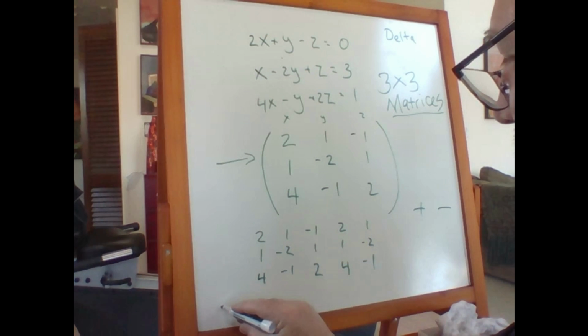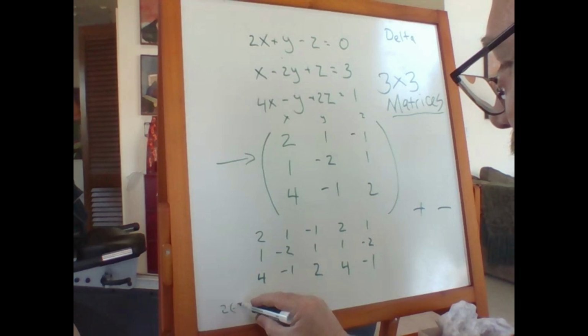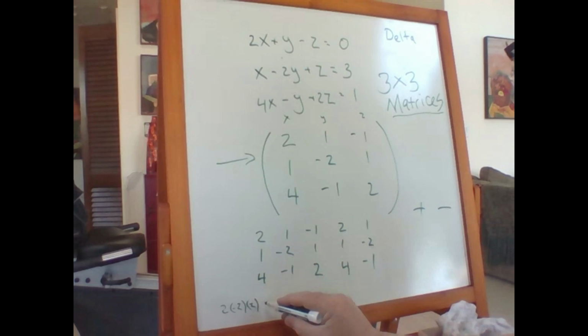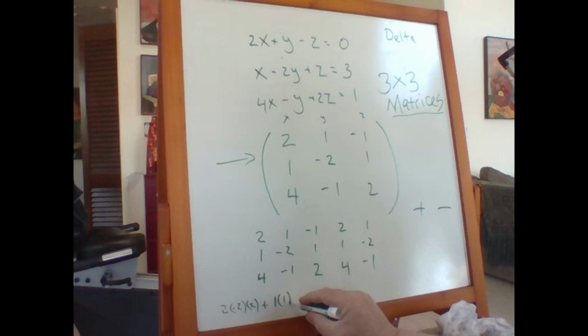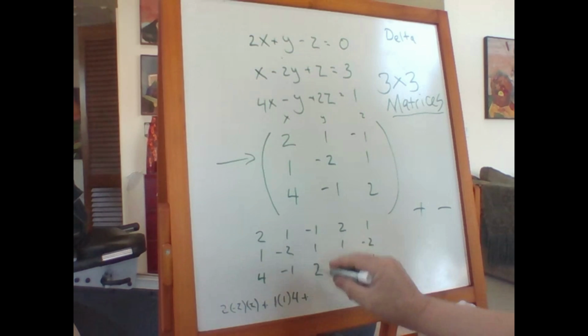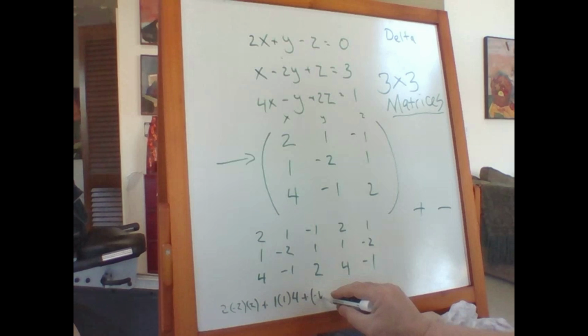So we have 2 times minus 2 times 2 plus 1 times 1 times 4, and plus we have minus 1 times 1 times minus 1.